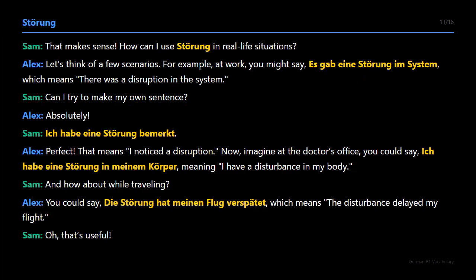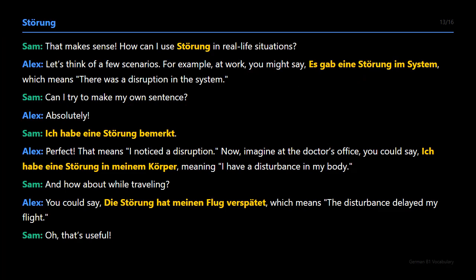in real-life situations? Let's think of a few scenarios. For example, at work, you might say, Es gab eine Störung im System, which means there was a disruption in the system. Can I try to make my own sentence? Absolutely.